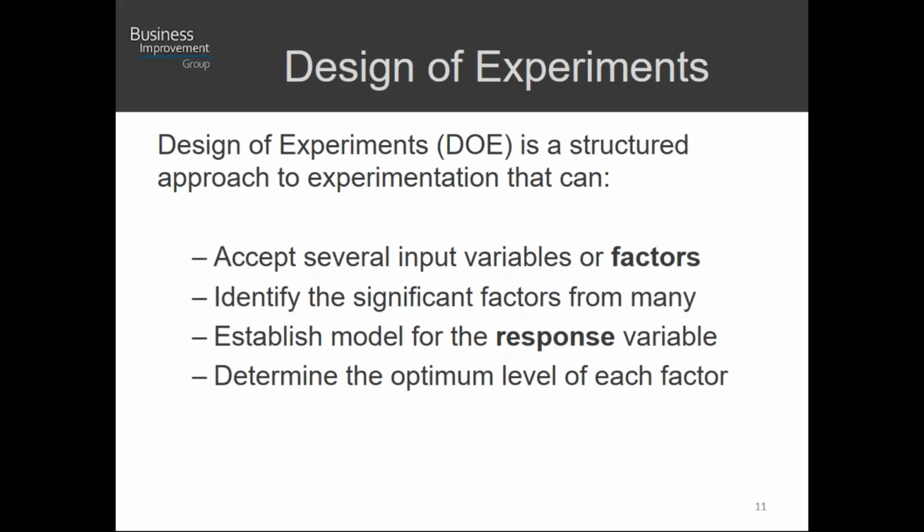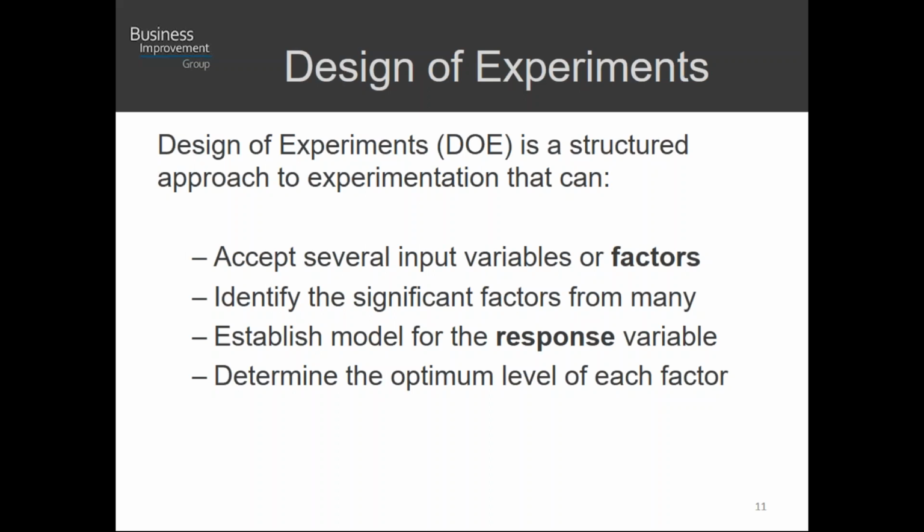It allows us to identify what we call the significant factors from many. So if there are multiple things that I believe could have an influence on my output, but I don't know for sure, we can use design of experiments to determine which ones really are important and focus on those, and maybe disregard the others that really don't have much influence on the output.